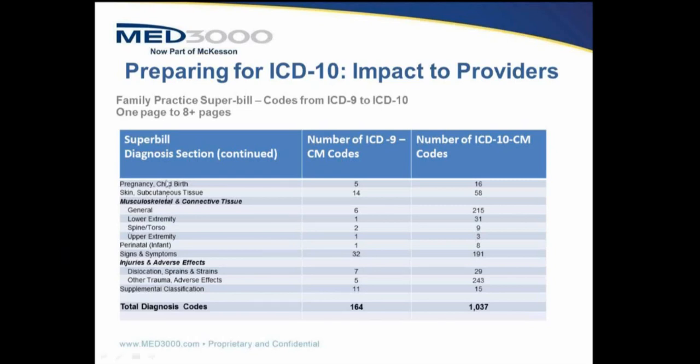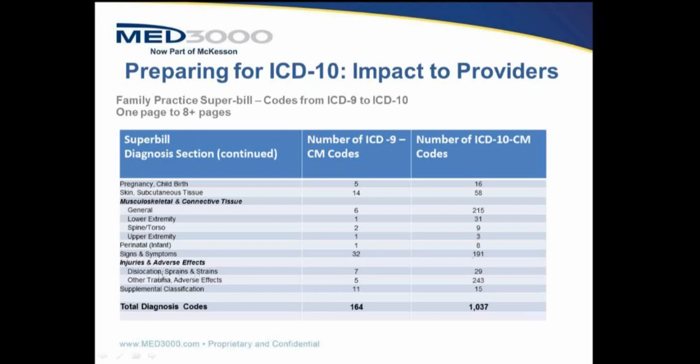This is a continuation of your diagnosis section. But one of the things that really stands out to me is when we're looking at musculoskeletal and connective tissue. If we look at general, we see 6 and we go to 215. Under signs and symptoms, currently 32, it goes to 191.